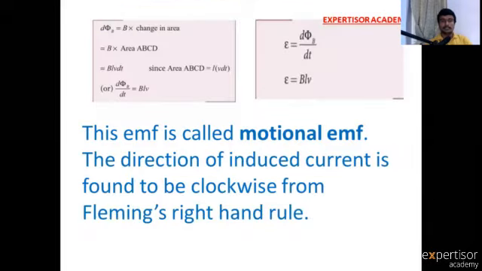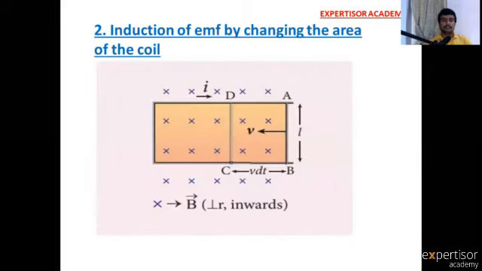Coming to the second method, induction of EMF by changing the area of the coil. In this method, you have to observe the magnetic field B. There is a conductor whose length is capital L. At the initial point, AB is the place of the conductor L. It is moving from AB to CD.